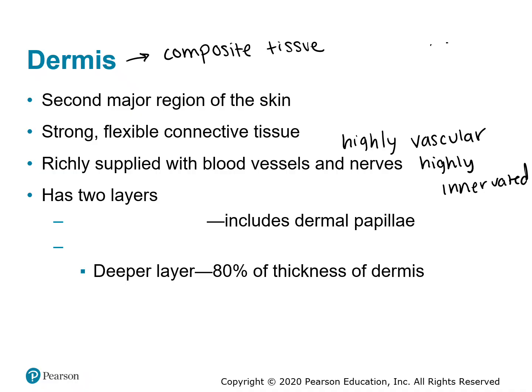Okay? There are 2 main layers of the dermis, the papillary dermis and the reticular dermis. The papillary dermis is mostly just on top. The reticular dermis is going to be the majority of your dermal tissue.